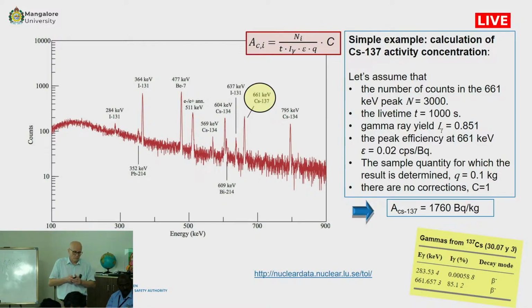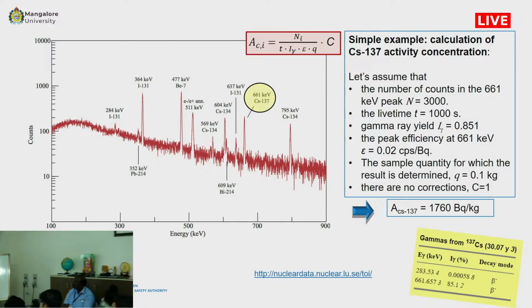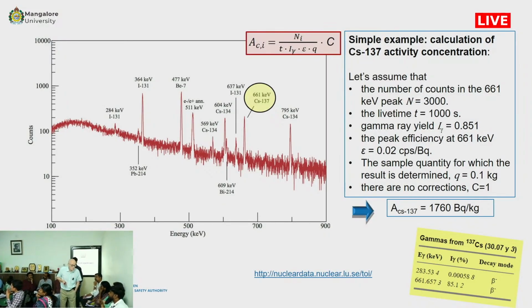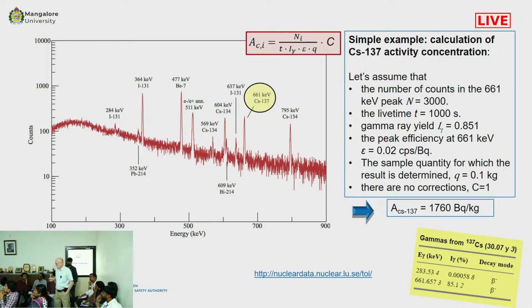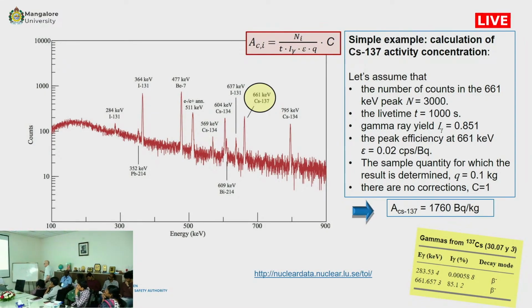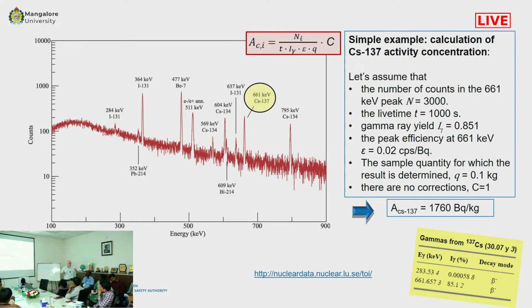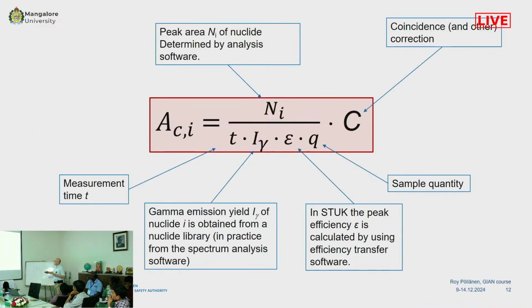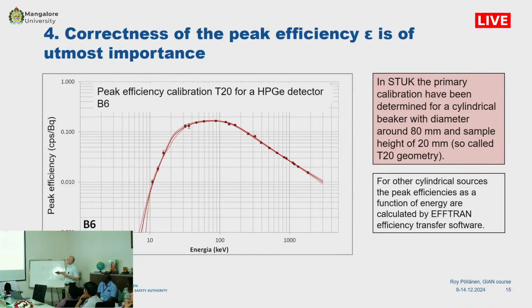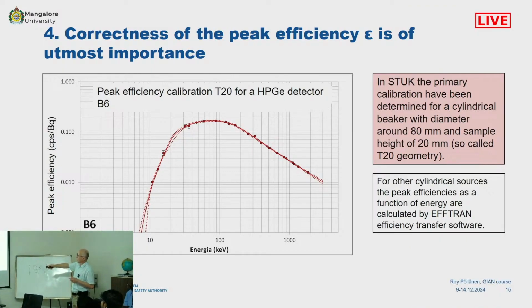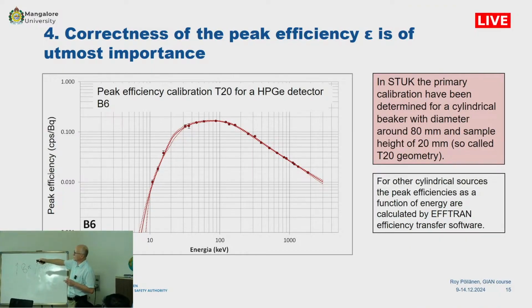But if I consider the 609 keV peak of bismuth-214, then what should I do for the efficiency calibration part? Yeah, bismuth has several peaks, which are located somewhere here.